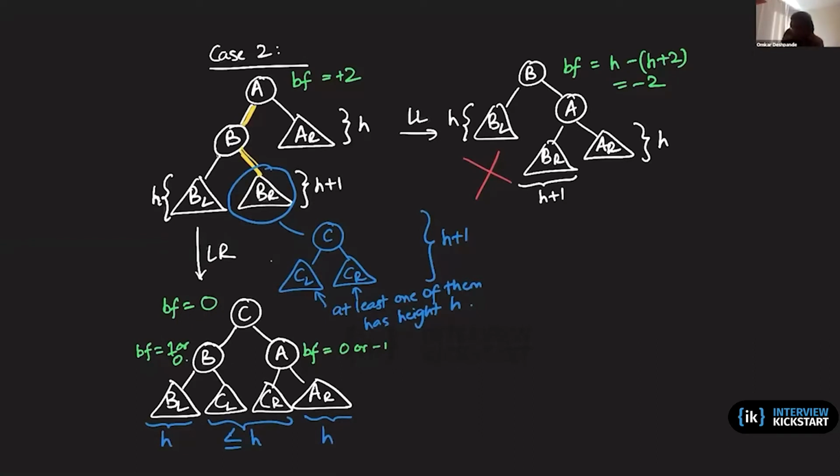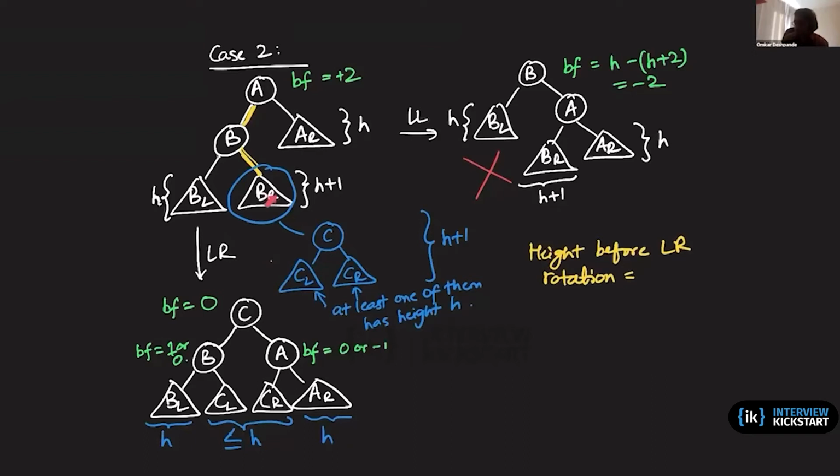But C is a new node. So again, I can't tell just from the balance factor what the repercussions are. Let's look at the heights. So the height before rotation, before the LR rotation, was h plus 1.